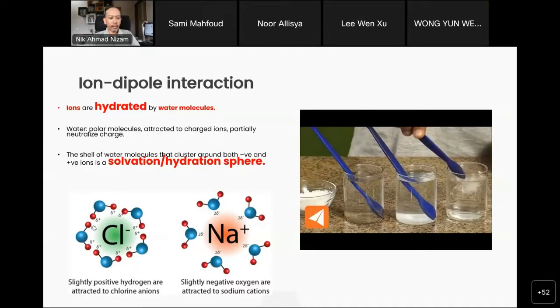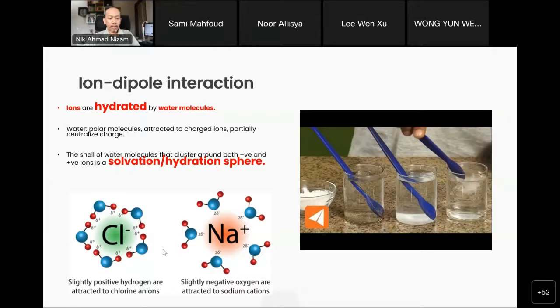If you see here, this is the chloride ion, which is negatively charged, and the water has a delta positive. This delta positive attracts the negative ion, and it becomes a solvation or hydration sphere. Slightly positive hydrogens are attracted to the chloride ion. This is what I told you before: we use the term attraction.